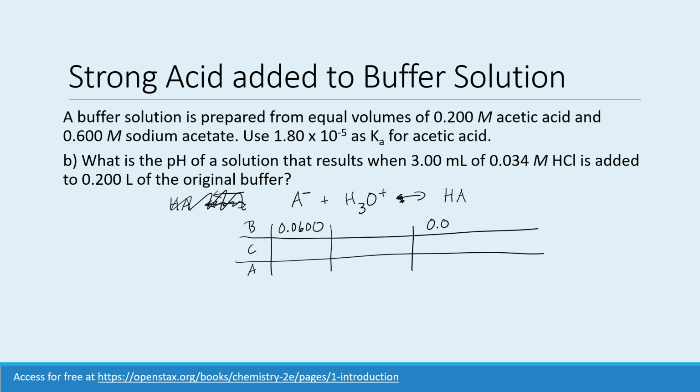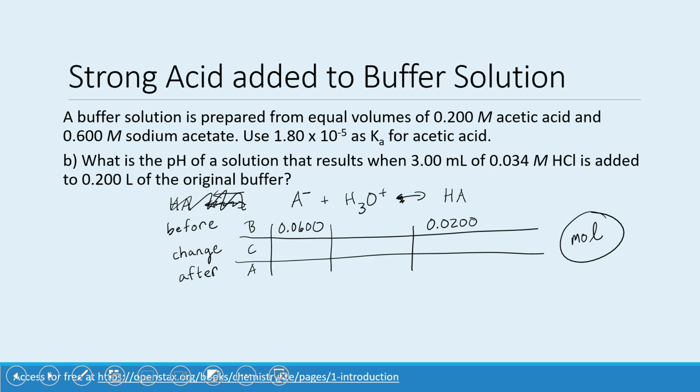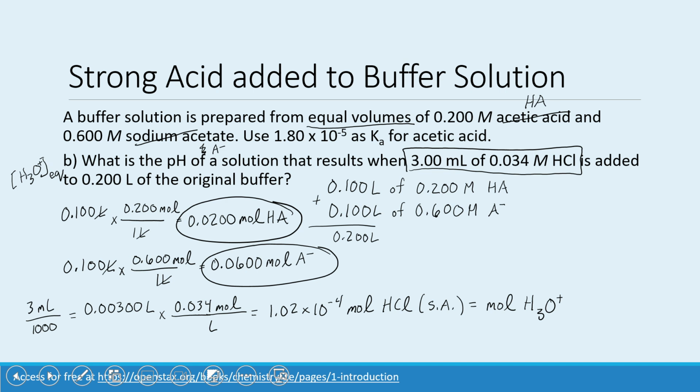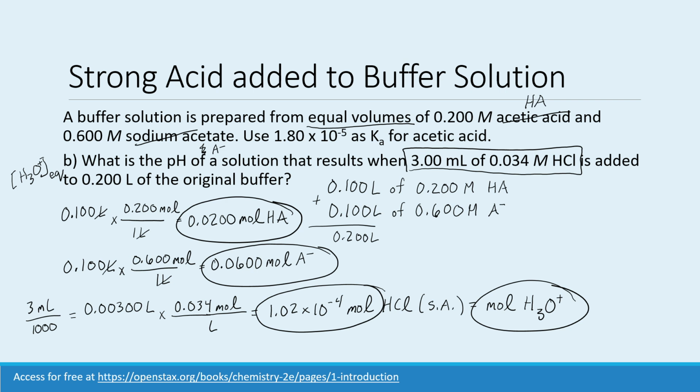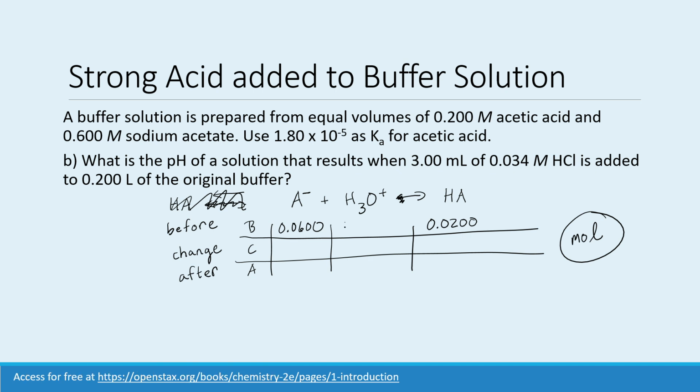That's the 0.02 moles. And I'll even write over here, all of this is in moles. And just remember, B stands for before, C for change, and A for after. So this is a reaction that's going to completion. And then the moles of the hydronium ion was equal to the moles of hydrochloric acid, and that is 1.02 times 10 to the negative fourth.